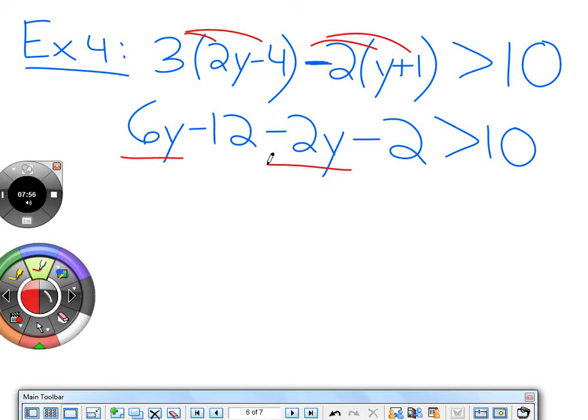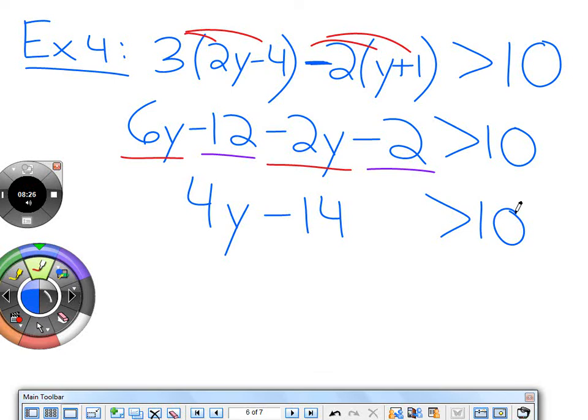So it's a positive 4y. So we're going to say 4y. And then the negative 12 and the negative 2, those are just numbers, and they're on the same side, and so you combine them like you normally would add and subtract numbers. So negative 12 minus 2, that is minus 14. And it's still greater than 10.